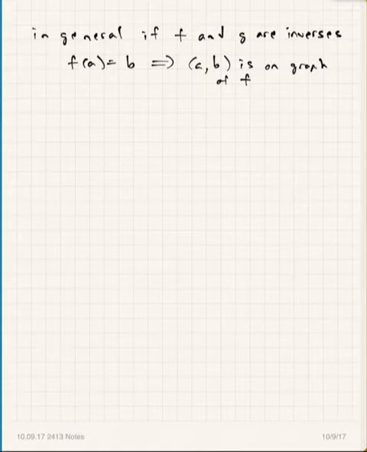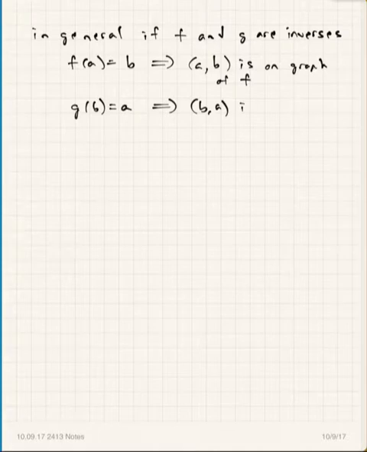And we also know that g of b is equal to a, that (b, a) is on the graph of g.